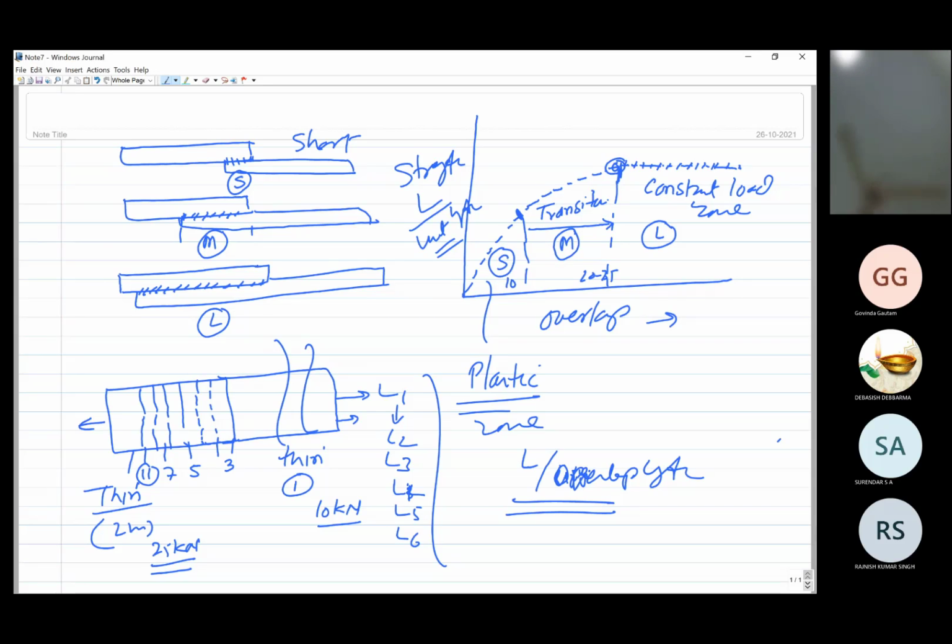So the point here is you can have a significantly stronger joint by having a very large overlap area, but that may not be worth it at all. That may not be needed for the given application, and you may find that the failure is occurring from the weak material, from thin sheets.